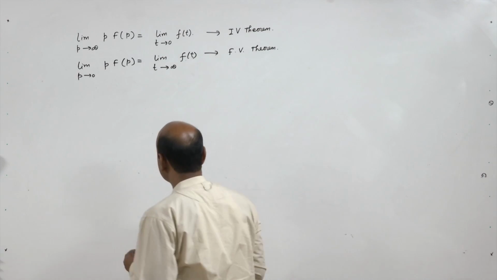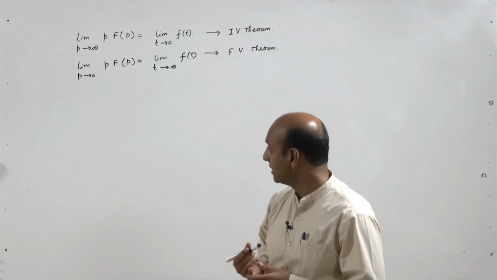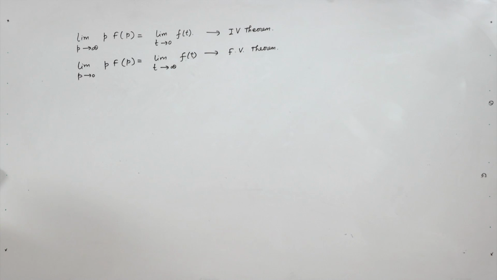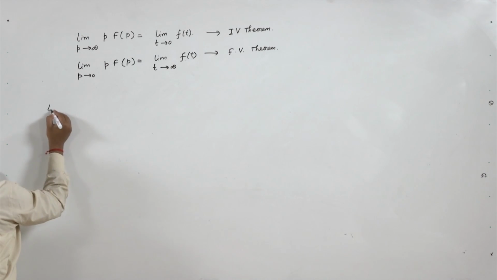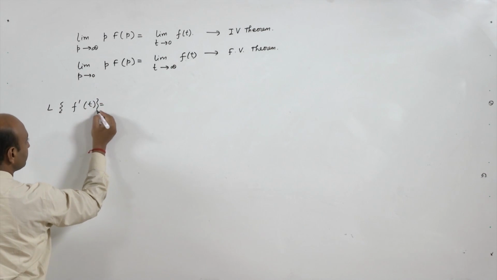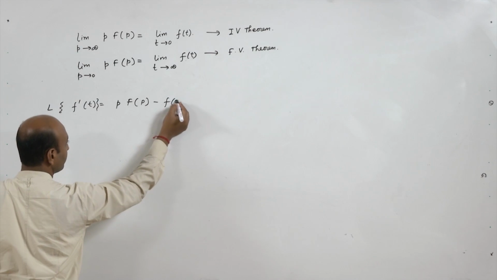So, let us now prove the final value theorem. How will we obtain it? Again we will go to the same expression: Laplace transform f dash t is nothing but p f p minus f 0.